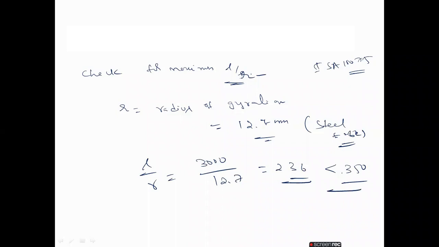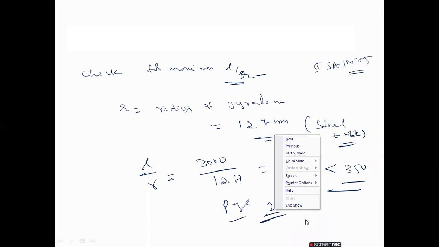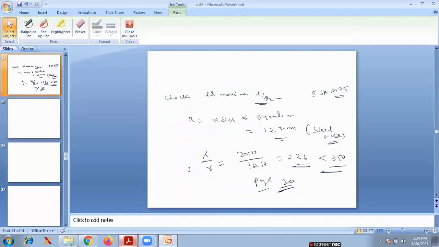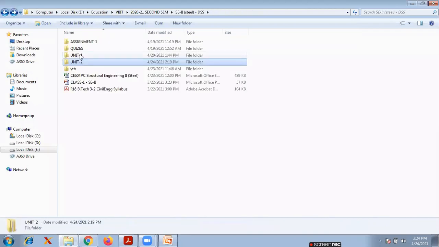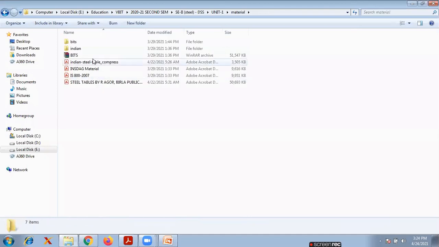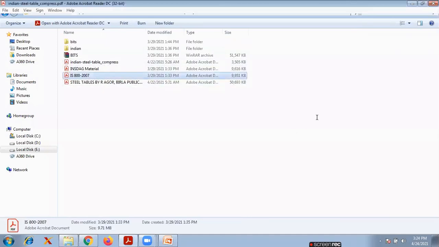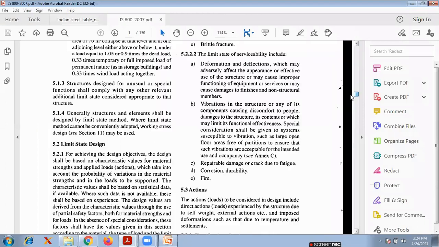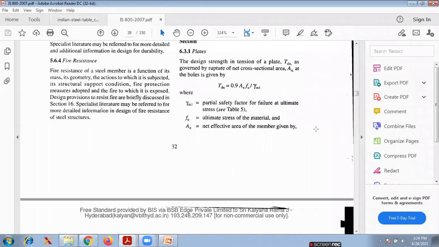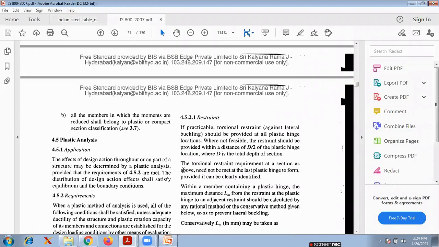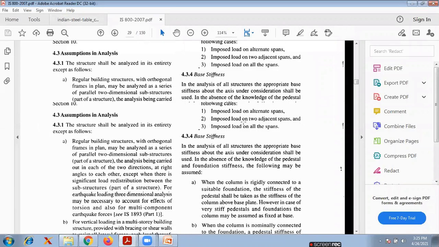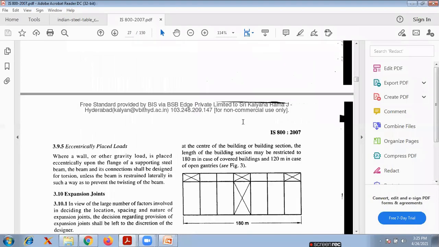This 350 value is available on page number 20. I will show you now. Please wait for a while. In IS 800:2000 it is available. If you look into this, the maximum L by r value is available in the table.